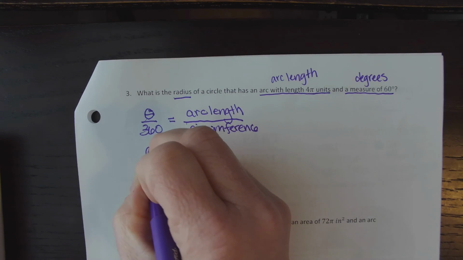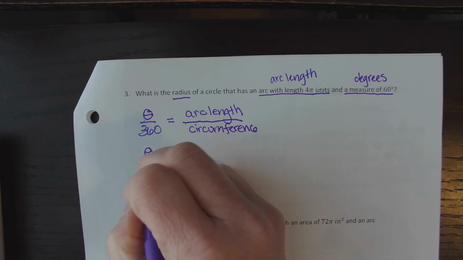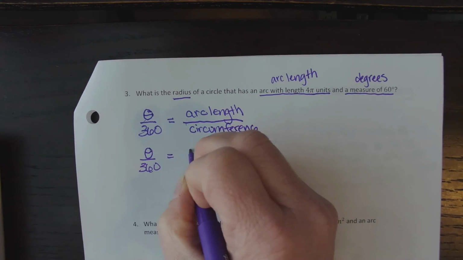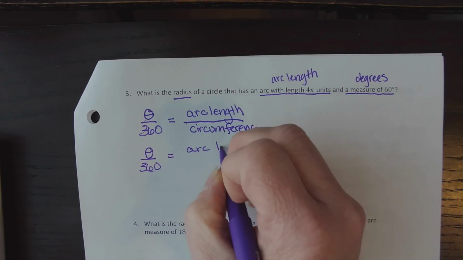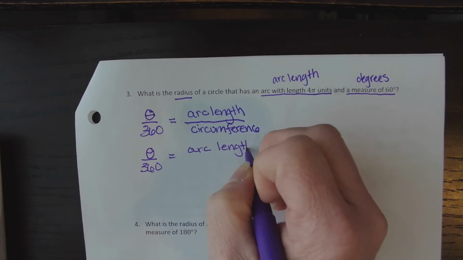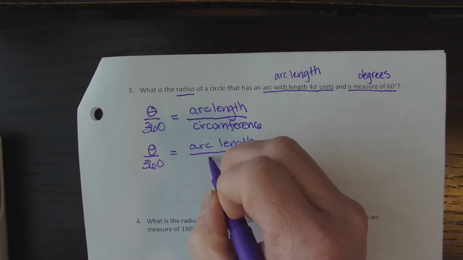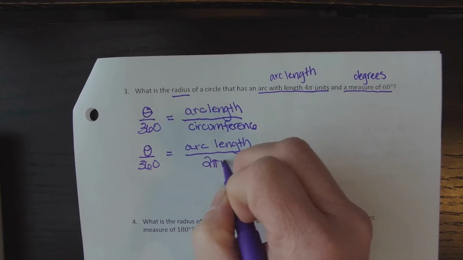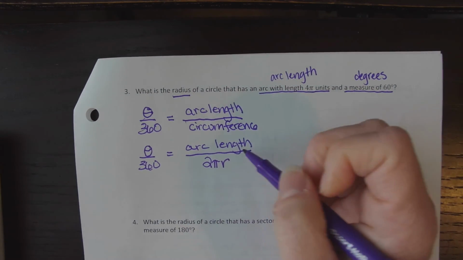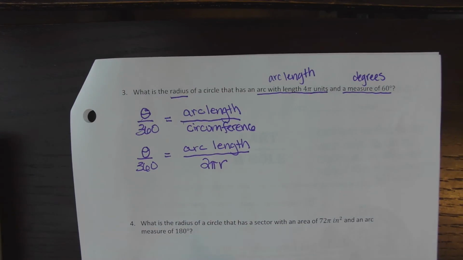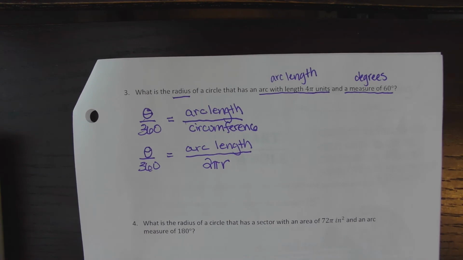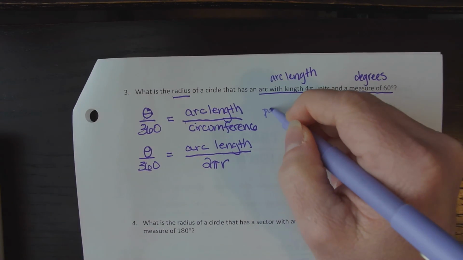What is the formula for circumference? Arc length over, because this is the total length around the circle's circumference, and that is 2 pi r. You probably could have gone straight to this one, but I wanted you to see it was circumference was the total. And so this is part over whole.